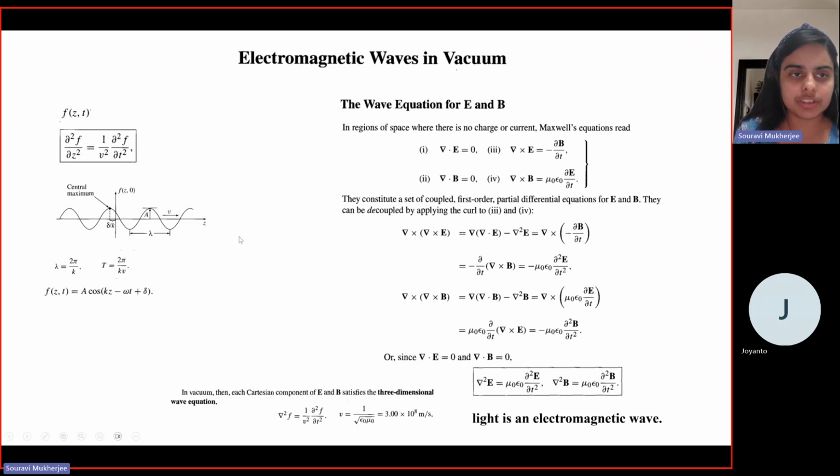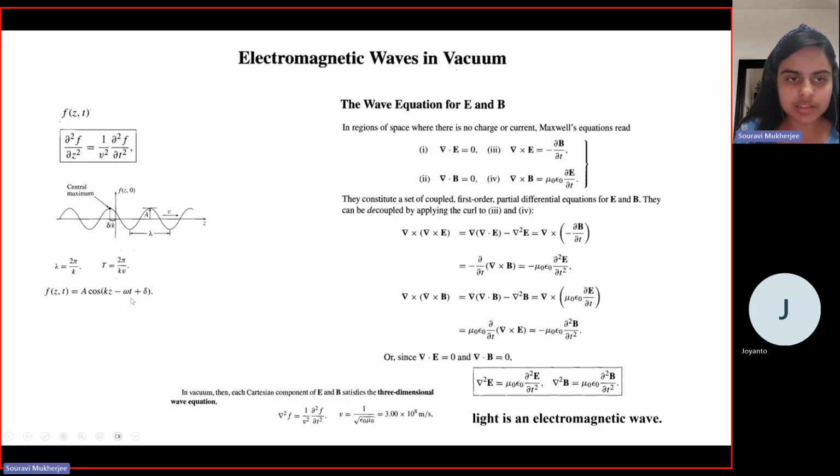So if you remember, we first said, what are waves? Waves are something which has a variation with time and position. So if you consider the Helmholtz equation in 1D, it would look something like this. And here f, which is the wave function, has a temporal periodicity, and it also has a spatial periodicity.